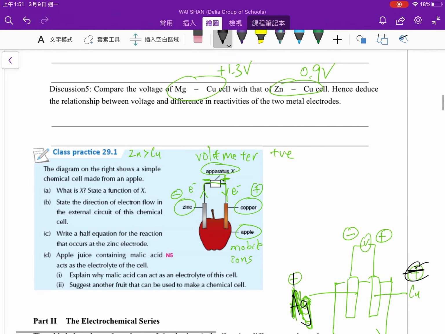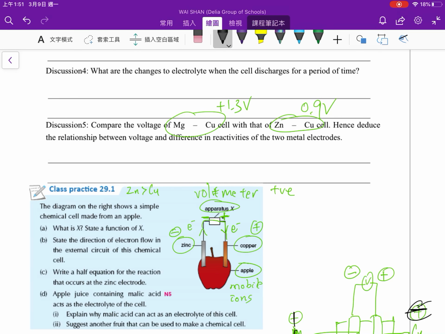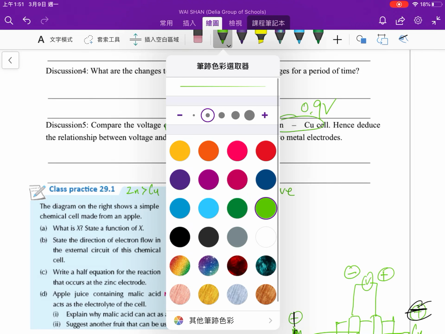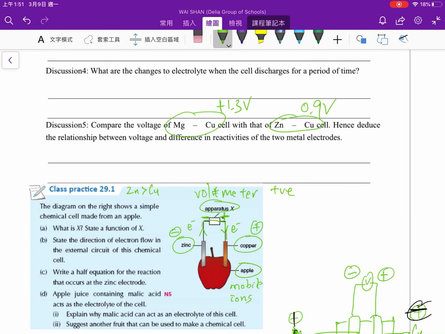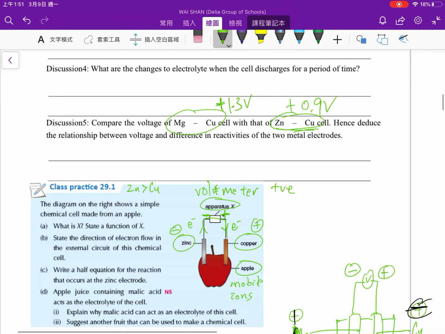This is similar to the earlier question. The voltage for the magnesium copper cell is positive 1.3, and that for the zinc copper cell is only positive 0.9. Those who have submitted the work to me all got it correct: because the voltage of the magnesium copper cell is higher than that of the zinc copper cell, we know magnesium is the most reactive, the next one is zinc, and the next one is copper.